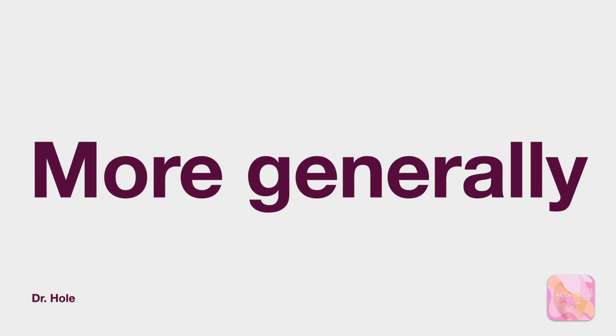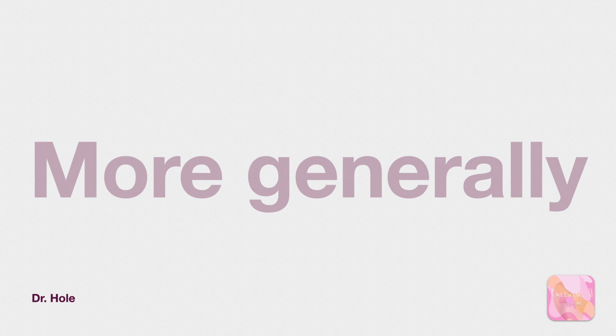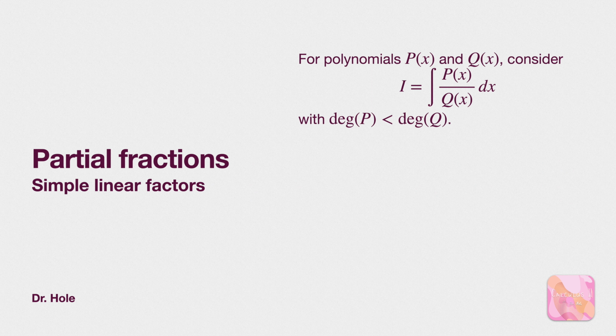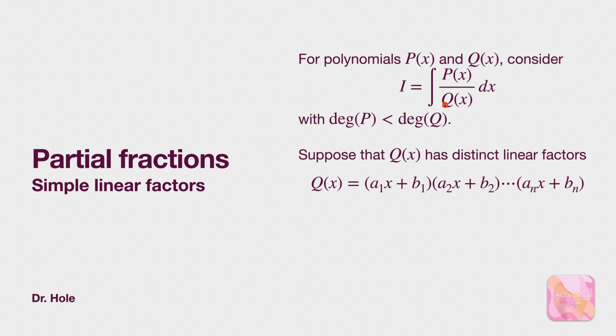So this example that we just did generalizes anytime that you have an integrand which is proper, the degree of the top is strictly less than the degree of the bottom. And when you look at the bottom and you factor it, in the example that we did, we had two distinct linear factors. But more generally, it applies anytime that Q has n distinct linear factors.